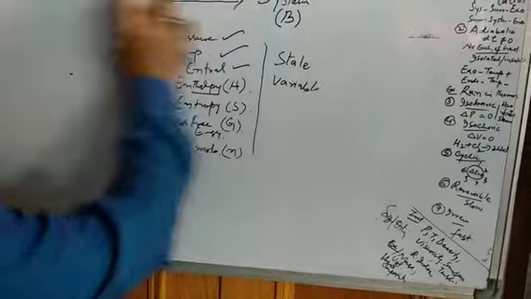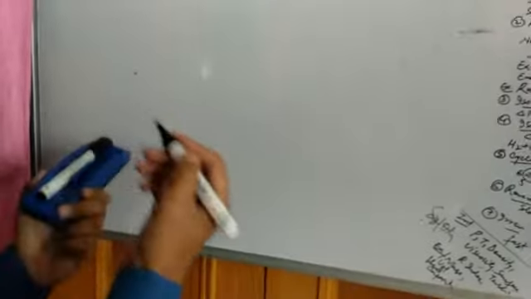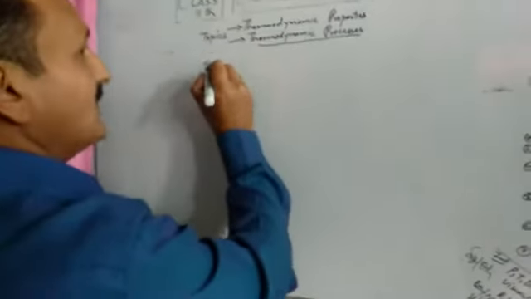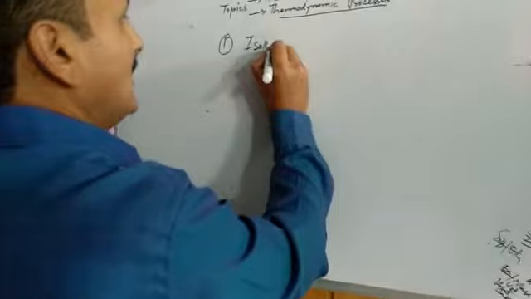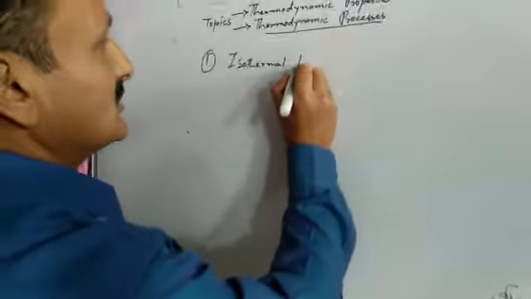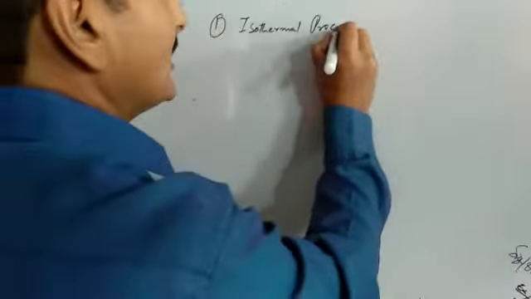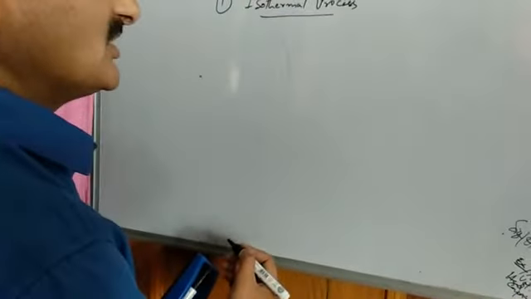Now let me come to some thermodynamic processes. There are so many processes which are thermodynamic in nature. For example, one is isothermal process. As the term suggests, these are all thermodynamic processes which I am going to list.